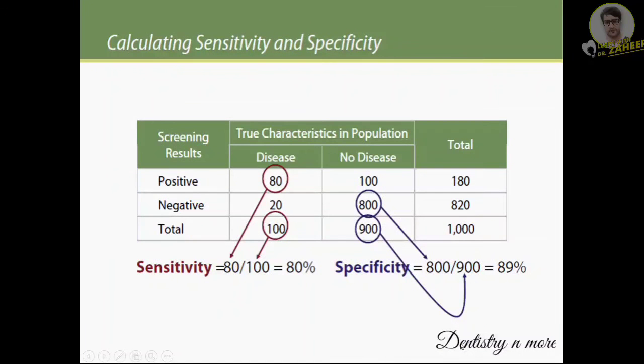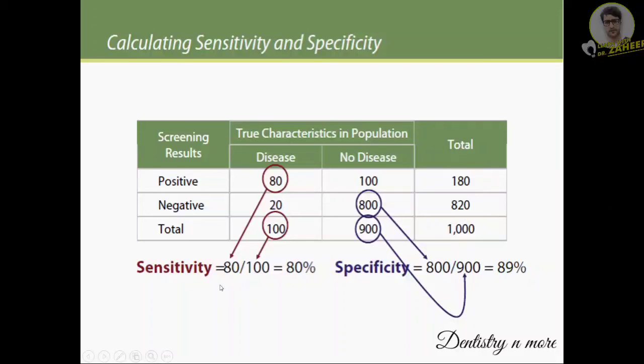So let's see one by one what is sensitivity. Sensitivity is nothing but A by A plus C, that is 80 by 80 plus 20, 100, that is 80%, and specificity is D by B plus D, that is 800 by 800 plus 100, that is 800 by 900, 89%.